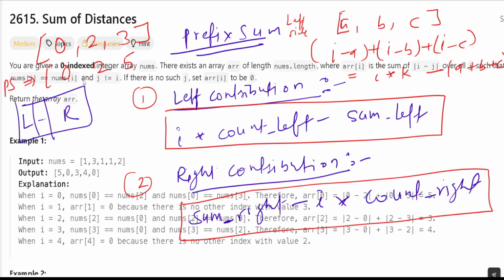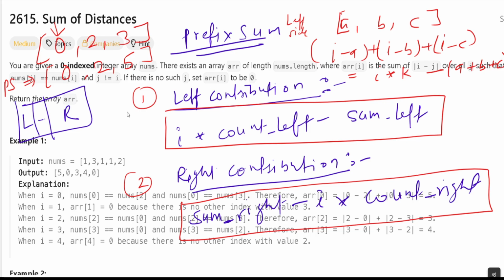We can create the prefix like this, where the index at 0 has left at 0, and so on. This is our 0 to 5, and this will become the result.